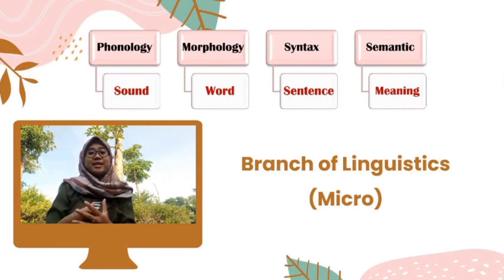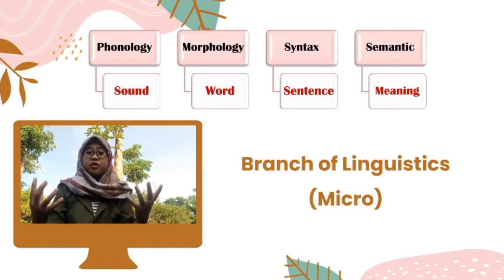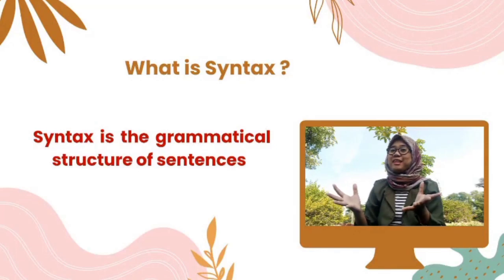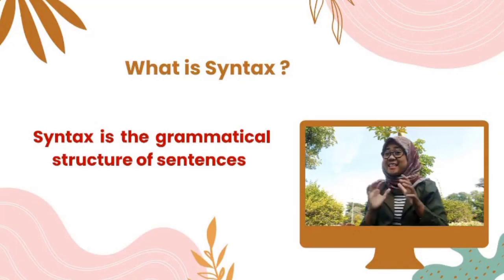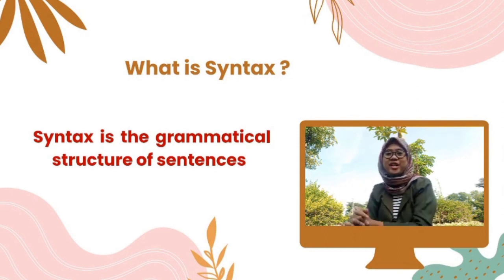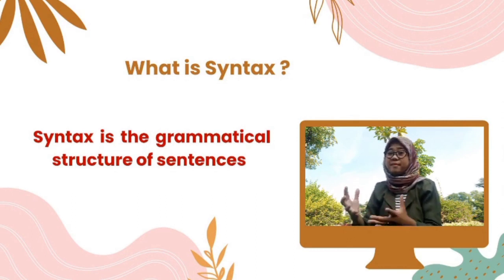Phonology is related to the sounds of language, morphology to words, syntax to sentences, and the last, semantics, to meaning. Now we will talk about what syntax is. Syntax is the grammatical structure, or how the language is structured, or the arrangement of words and phrases to create a well-formed sentence in a language.